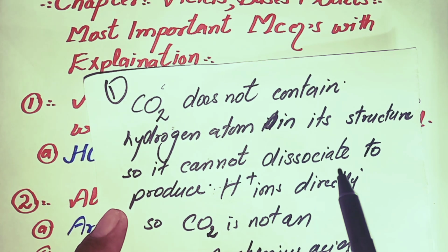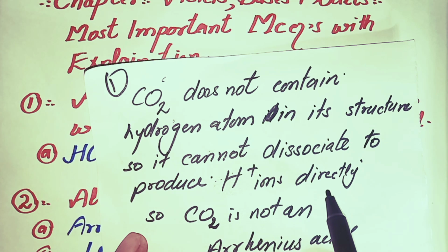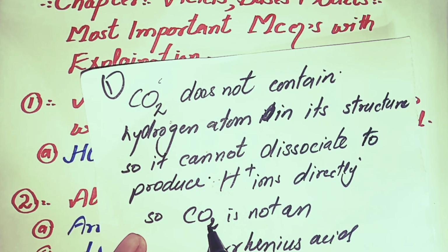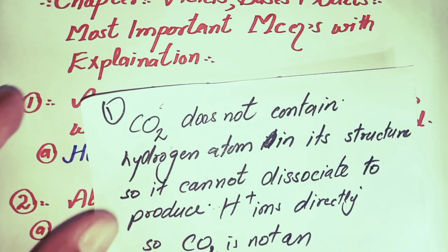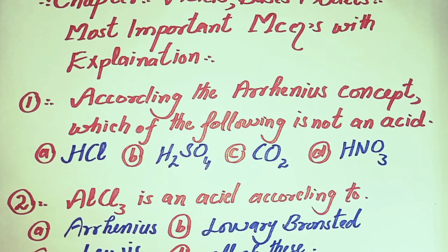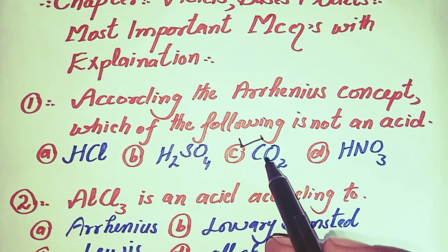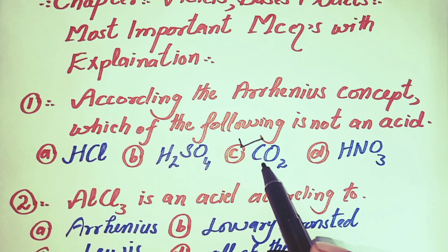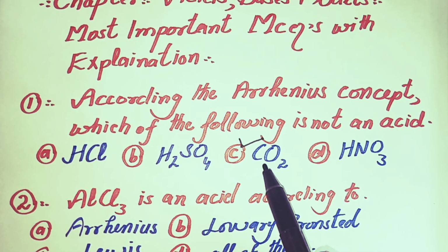So it cannot dissociate to produce hydrogen ion directly. So carbon dioxide is not an Arrhenius acid. So here the option C is correct, because it does not dissociate into hydrogen ion directly.